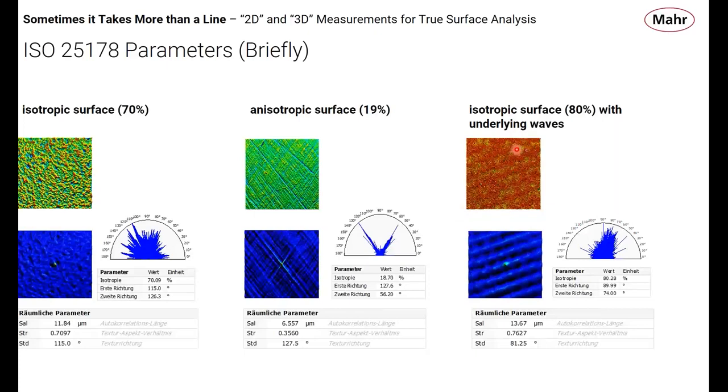Our qualitative impressions say there's going to be a 30-degree signal, and it's going to be an anisotropic surface, but mathematically speaking, it's really not. So there's a lot to be seen in these parameters.